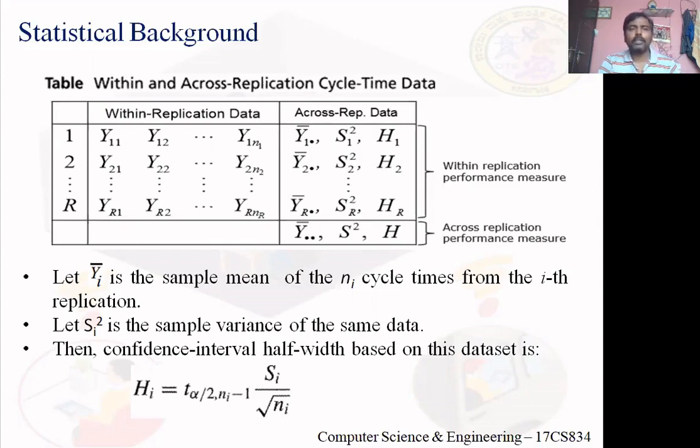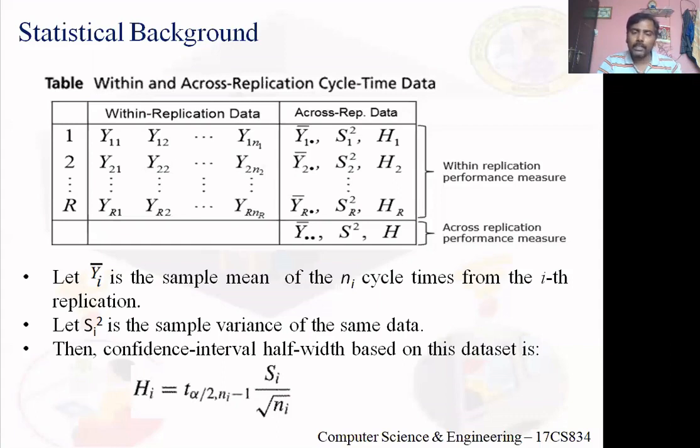But when I consider a manufacturing system, let me consider Y21. In the banking system, Y21 is the response time of the first customer in the second replication, or second run.